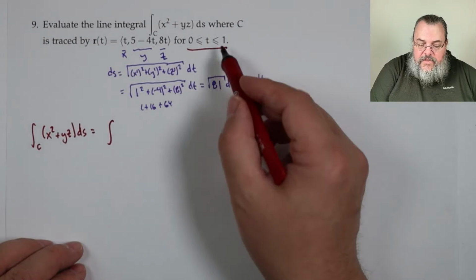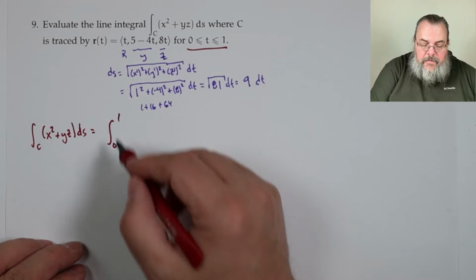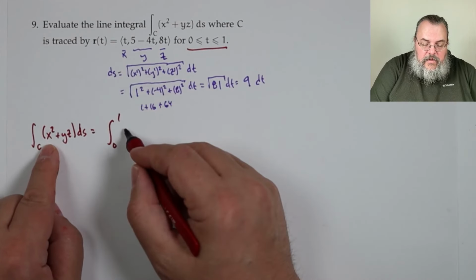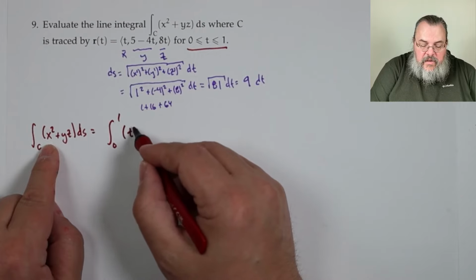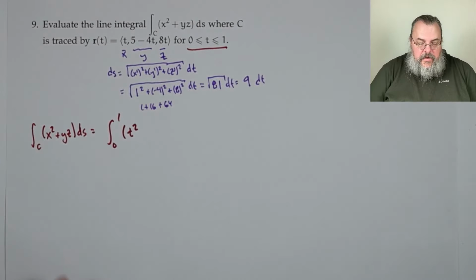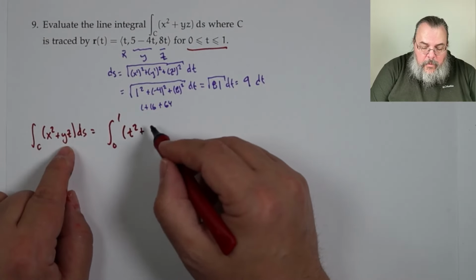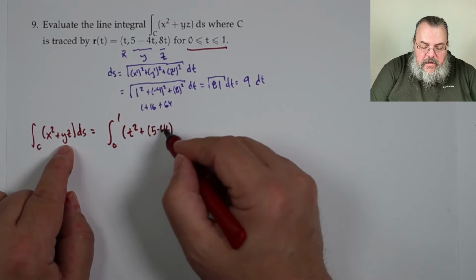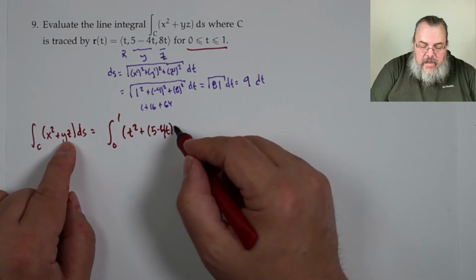So our bounds are 0 to 1. Our x is t, so this becomes t squared, plus y, 5 minus 4t, times z, 8t.